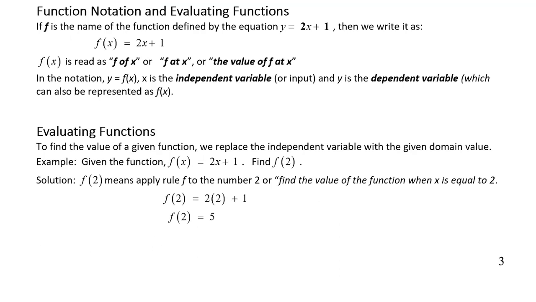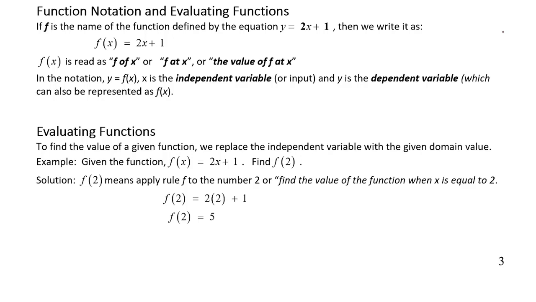When we're looking at function notation, we're most likely going to have to evaluate the function at some point. When you evaluate a function, you're basically solving for either x, the input, or f of x, the output. Now notice that I interchange f of x and y.